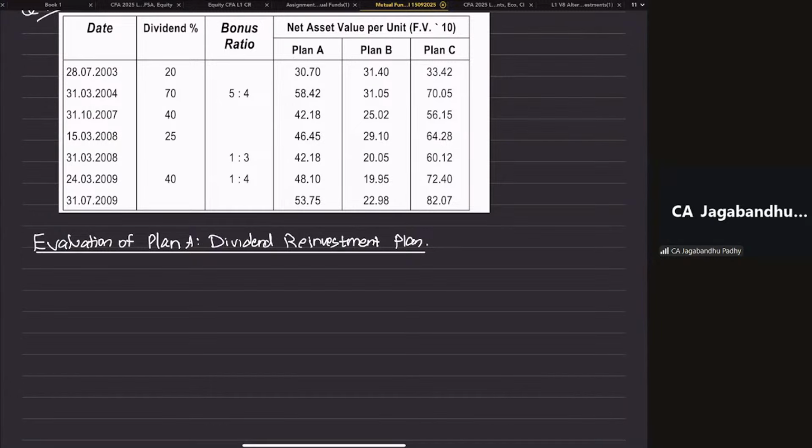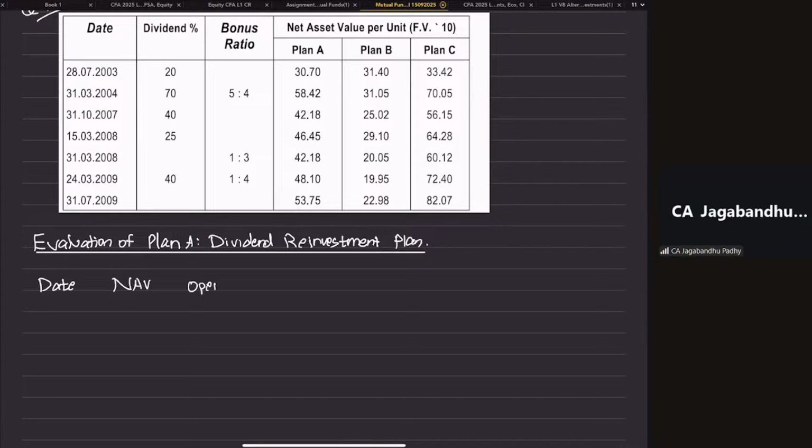Now, every time the dividend is paid, we need to look at the number of units that are allotted to us. So what we do is we start with the date, and the NAV as on that date.